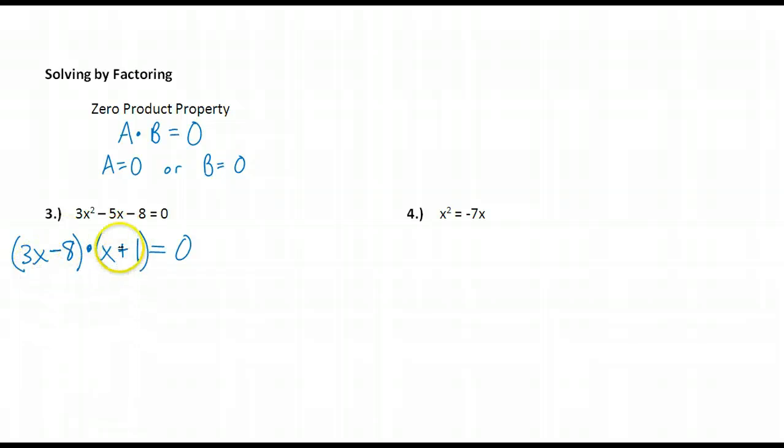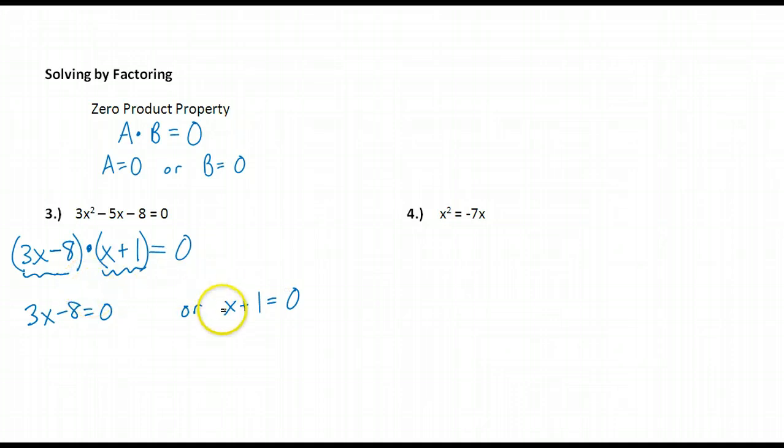So if I look at this problem, I have something times something equaling 0. And I can use the zero product property. One of these two somethings has to be 0. Either 3x minus 8 is 0, or x plus 1 is 0. One of those two things has to be true.